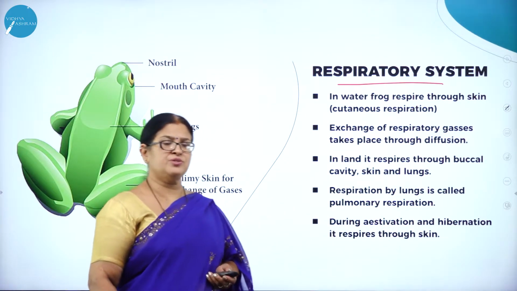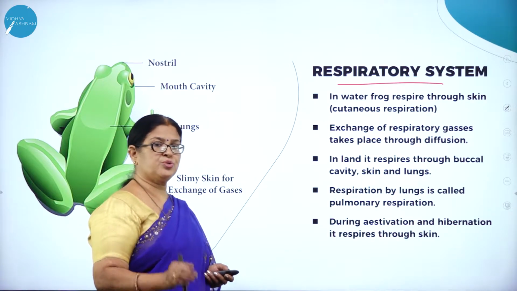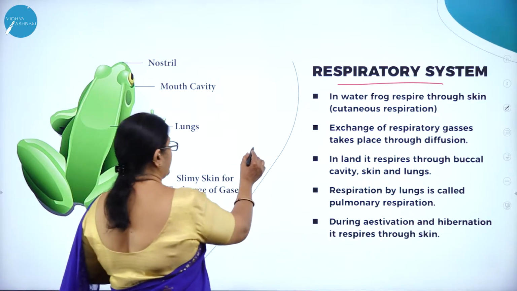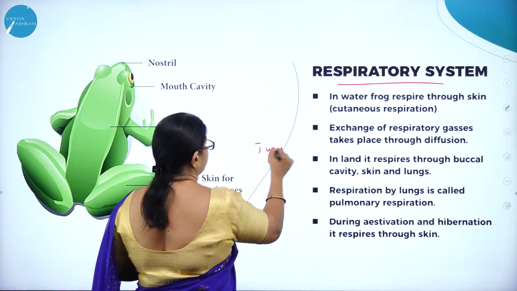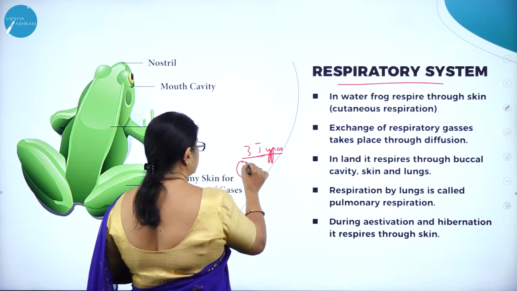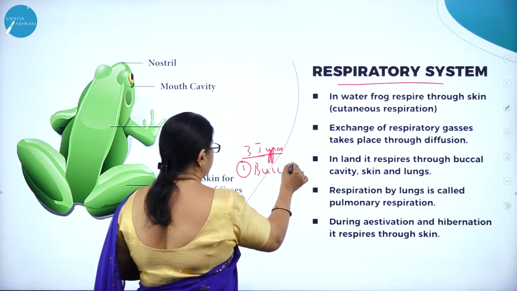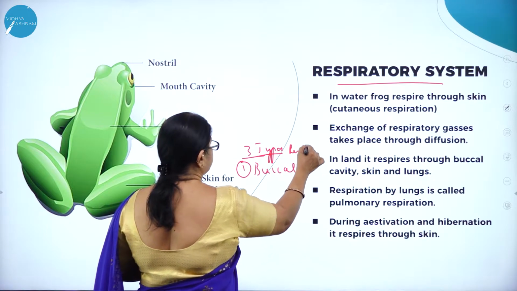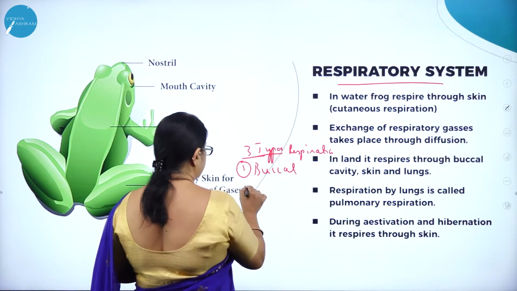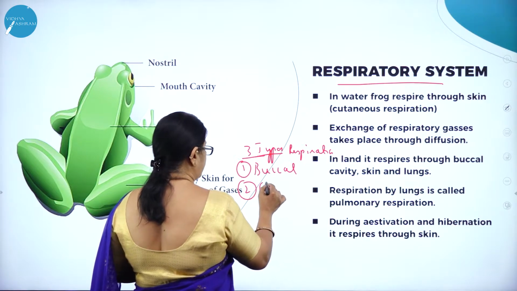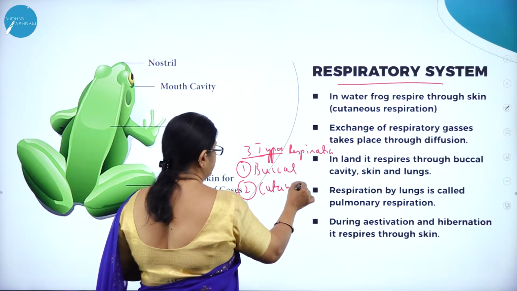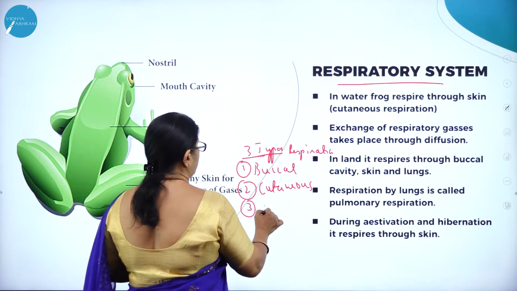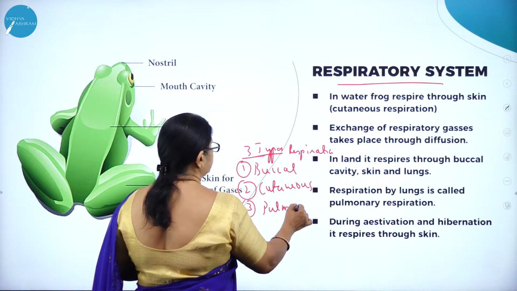I think all of us know frog respires through three very important types. There are three types of respiration in frogs. One is called buccal respiration, the second is called cutaneous respiration, and the third is called pulmonary respiration.